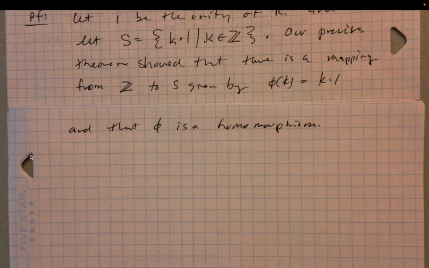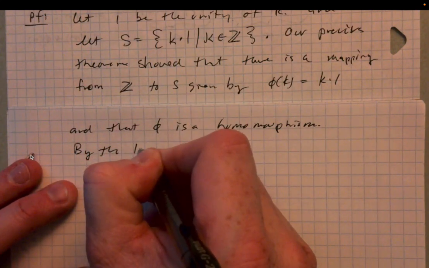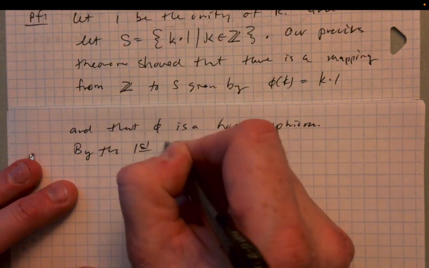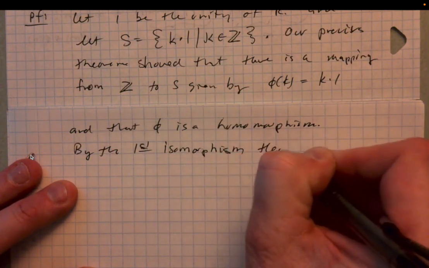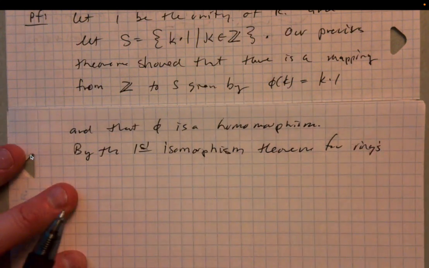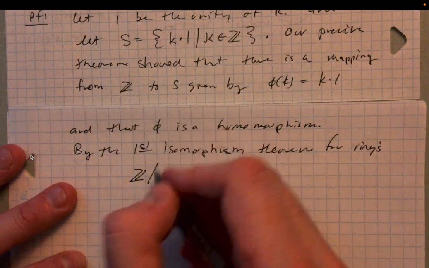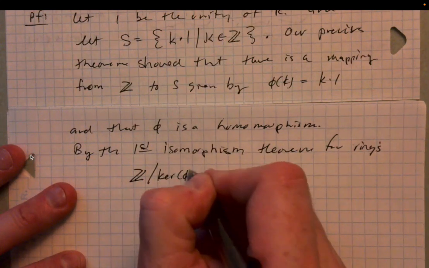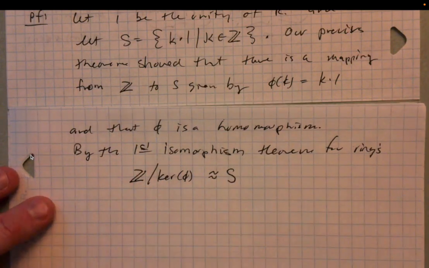And so by the first isomorphism theorem for rings, in this case, we know that the integers mod ker phi is isomorphic to S.